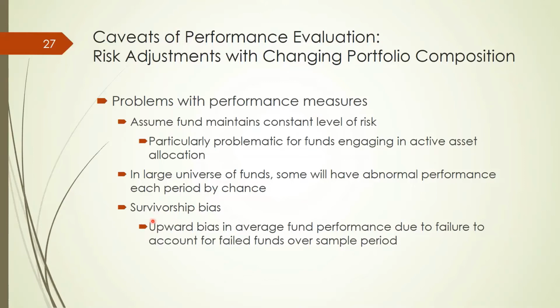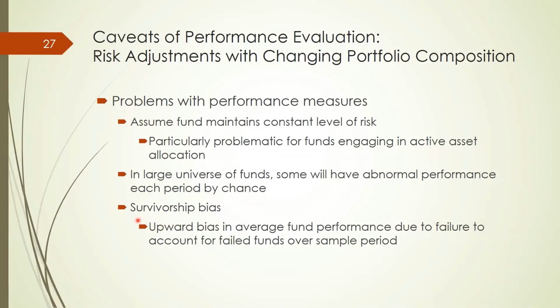Also, in a large universe of funds, some of them may end up having an attractive performance measure not because the managers have a superior ability of managing money, but because they are simply lucky by chance.